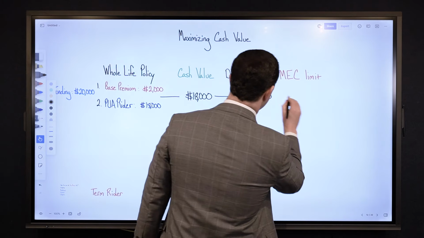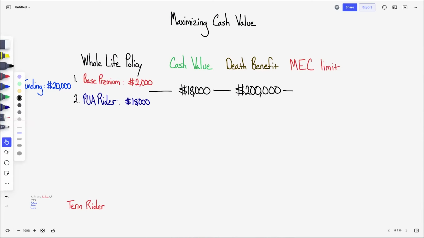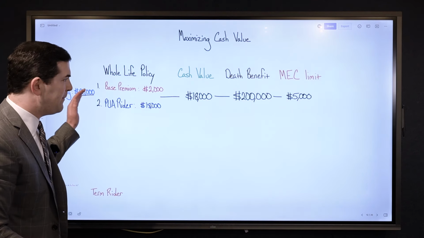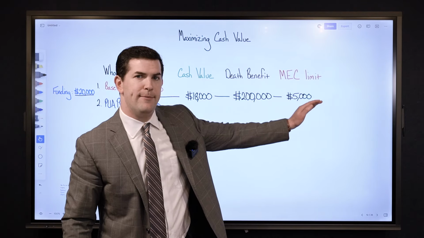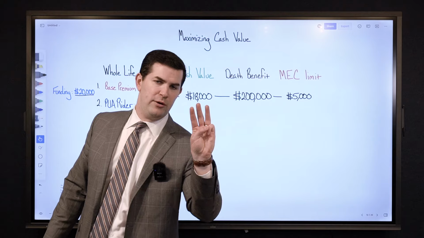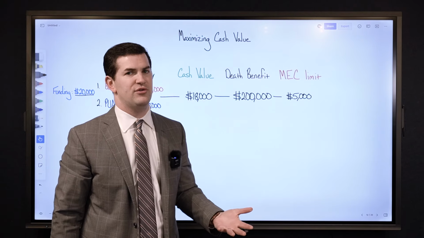The problem, however, is that $200,000 death benefit might only give me a $5,000 MEC limit, and the issue is that I'm paying in $20,000. So now that I'm paying in more than what my MEC limit is, I no longer reap the third benefit we mentioned, which is the tax-free piece.